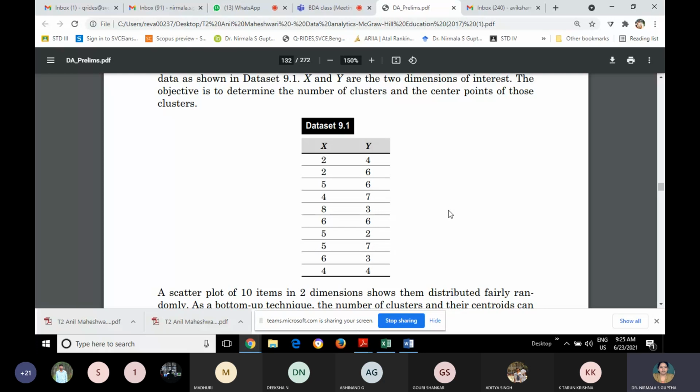Because I need to find out the distance, correct? So what is the biggest difference or distance you can make out from these pairs of values? Anybody? The distance is the difference.